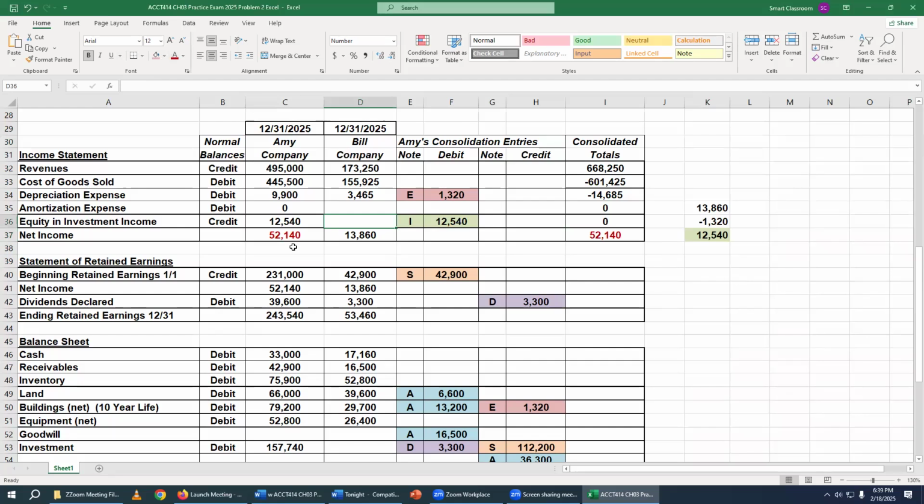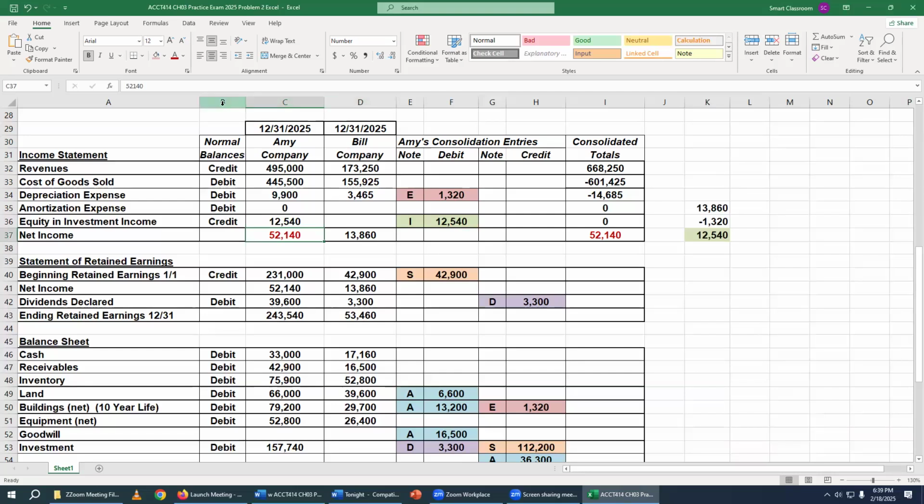And if you think about it, that 13,860 minus the 1,320, put that in income. The income there is already in this total, so it should be the same when we smash them together.